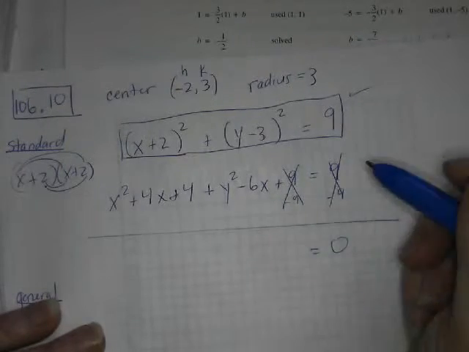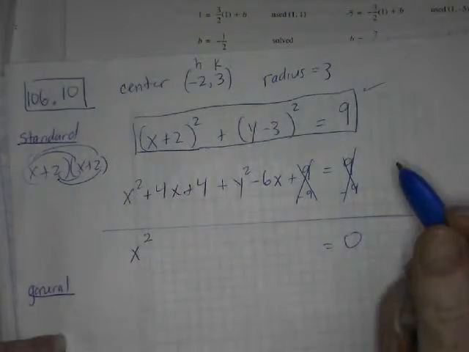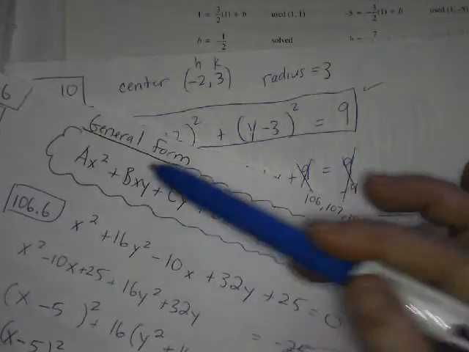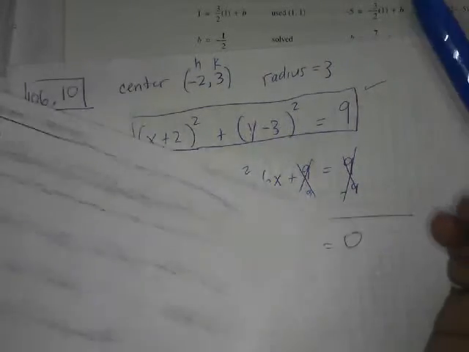So I need the x squared first, and then there's never going to be any xy's in this book. Now it's time for the y squared.